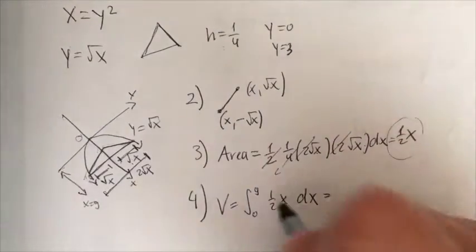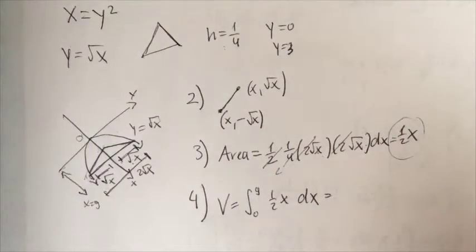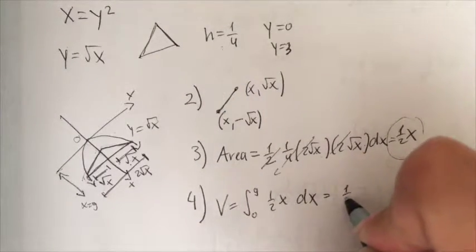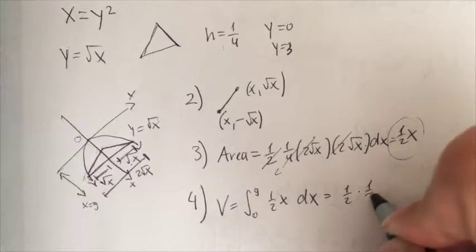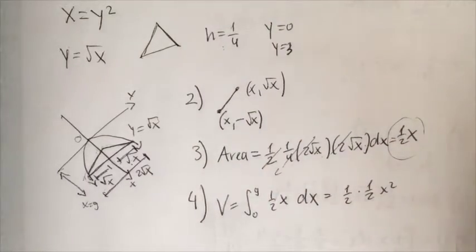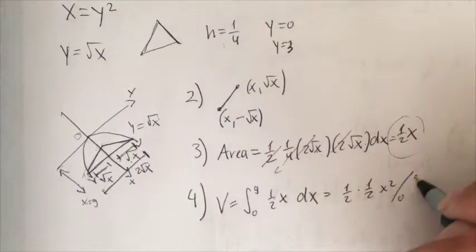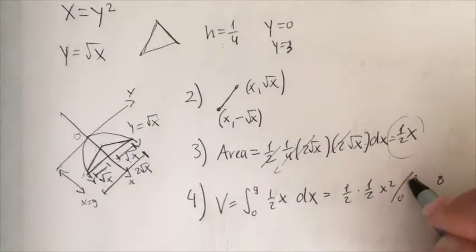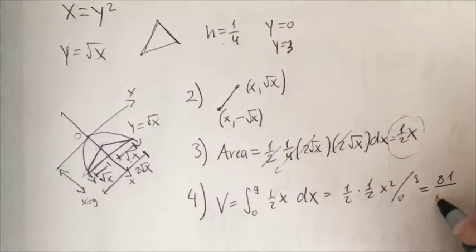Okay, and this is a very simple integral to evaluate. We take 1/2 out, get 1/2 times 1/2 x squared, which will be 1/4 x squared from 0 to 9, which will be equal to, when we plug in 9, 81 over 4.